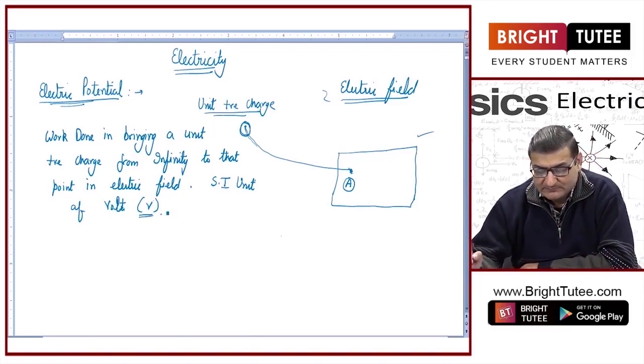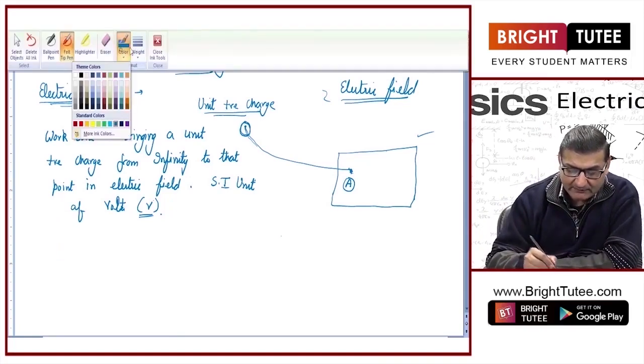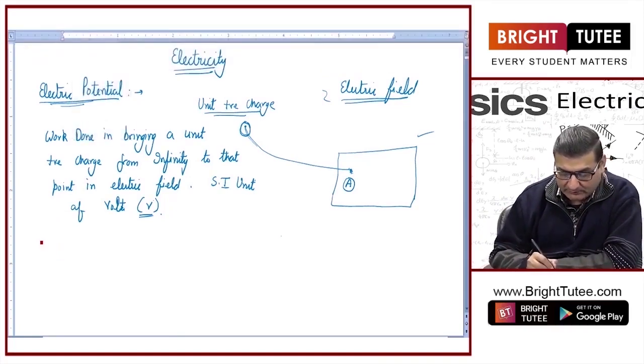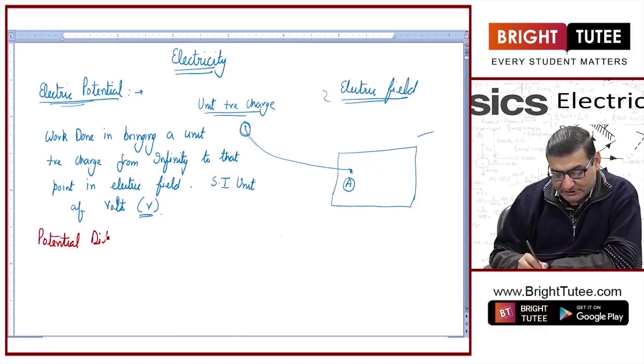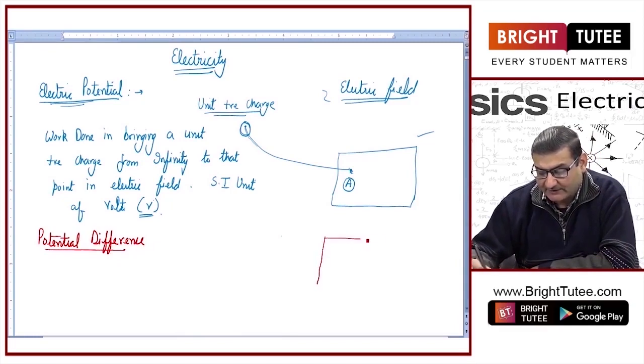Fine. Now after understanding electric potential, we need to understand one more term. That one more term is potential difference. Now when I talk about potential difference, I am talking about the same electric field, any electric field I will take.